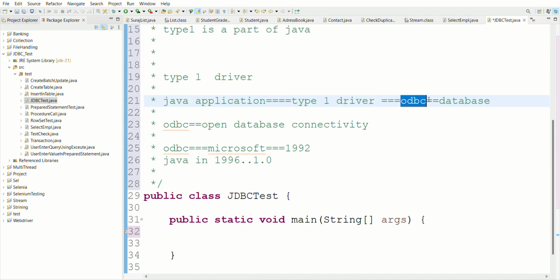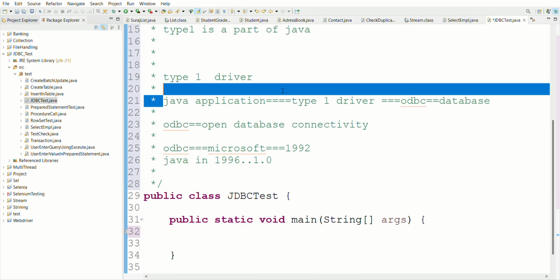ODBC is a translator here, because in the Java application we use Java code, like public static void main and System.out.println, and in the database we use SQL like select star from EMP. So the Java language is different.